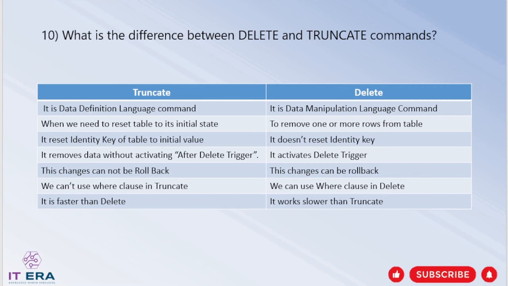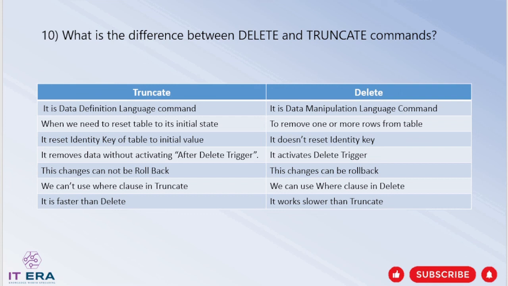Now, what is the difference between the delete and truncate command? Here I have listed the differences. Truncate is a data definition language command, and delete is a data manipulation language command. So when we need to reset the table to its initial state, we use truncate, and to remove one or more rows from the table, we use delete.